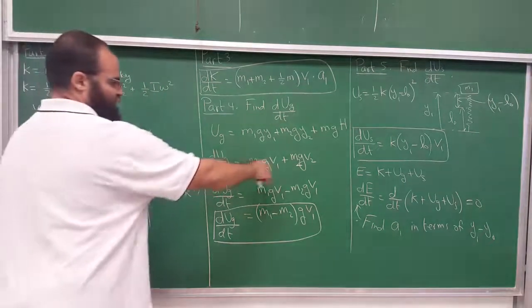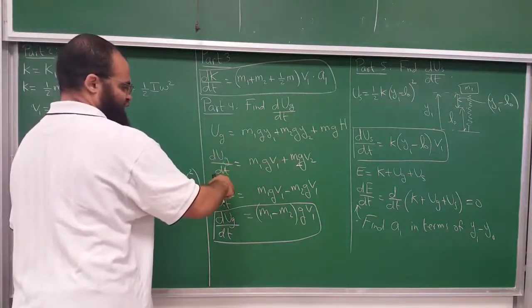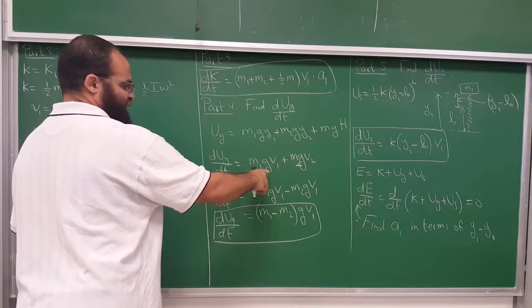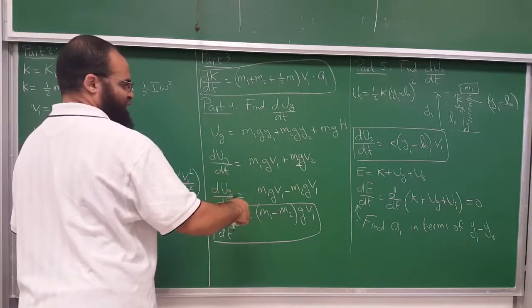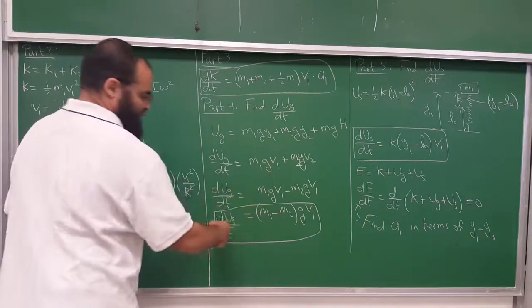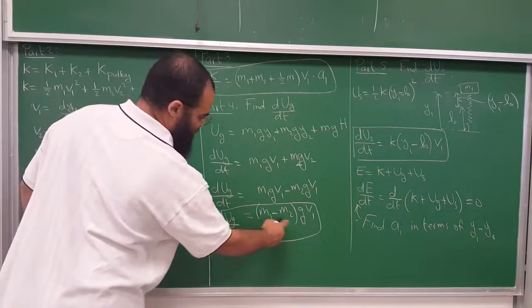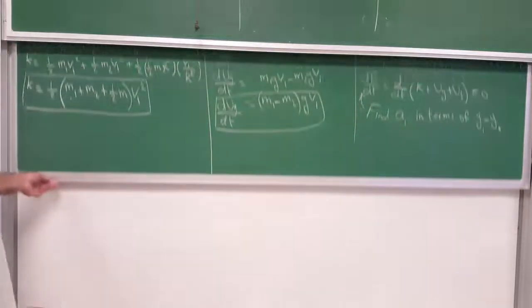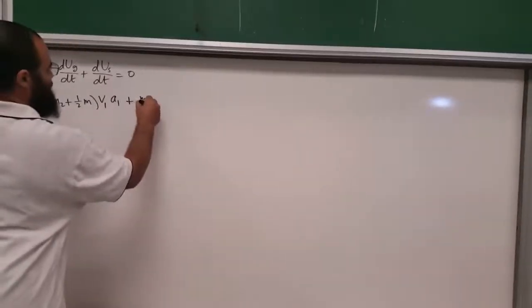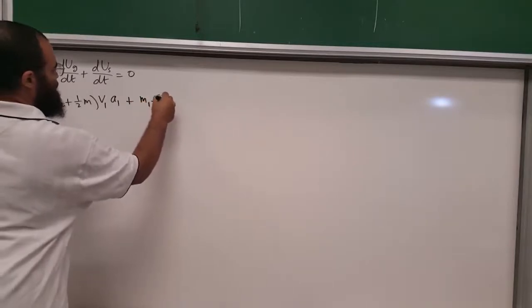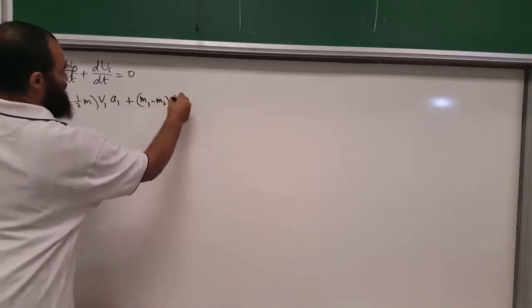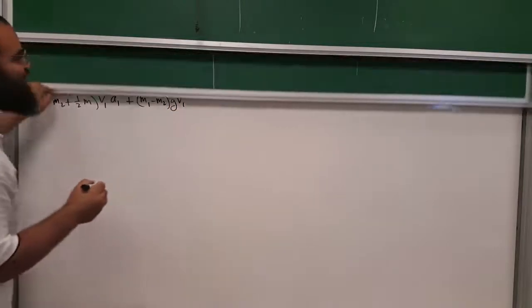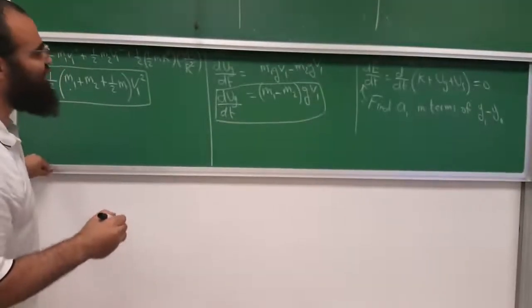And then plus the derivative of dU g dt, that's m1 minus m2 g v1.